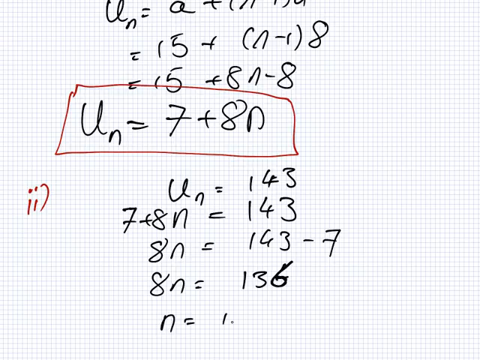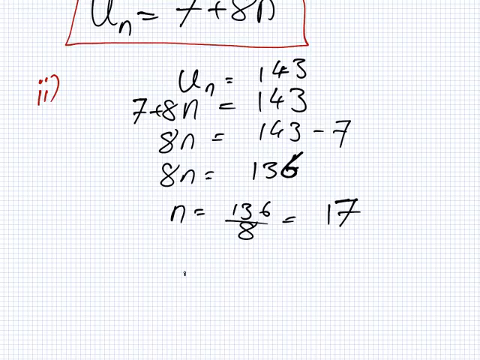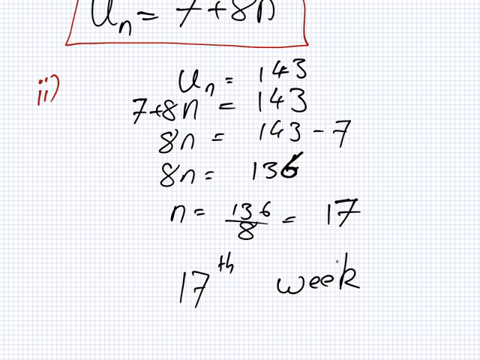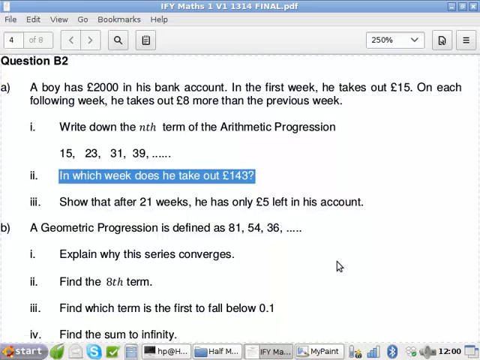So n is 136 divided by 8, which is 17. So the answer is the 17th week. It was weeks, wasn't it? Yeah. Okay. So the answer is 17 for this. So again, 2 marks.